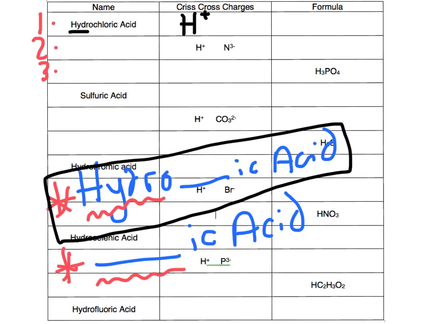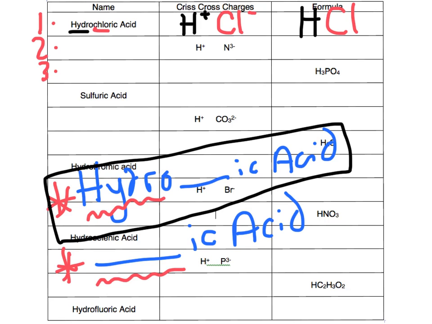So I have chlor right here. What could chlor possibly be? Well, on the periodic table, there's only one possible anion that could be, and that is the chloride ion. And so I have to remember, what is chloride's charge? It's Cl-. So I have a +1, I have a -1. That means that they cancel each other out, and I'm left with HCl as my formula.